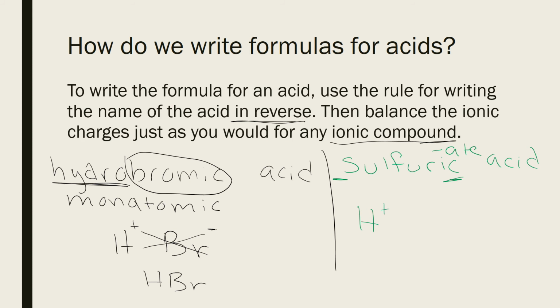We change the ic ending to an ATE, and so it's going to be sulfate, which is SO4 2-. We swap the charges and drop the numbers to subscripts, so we get H2SO4. So those are some examples for writing formulas for acids and then using the names to find them.